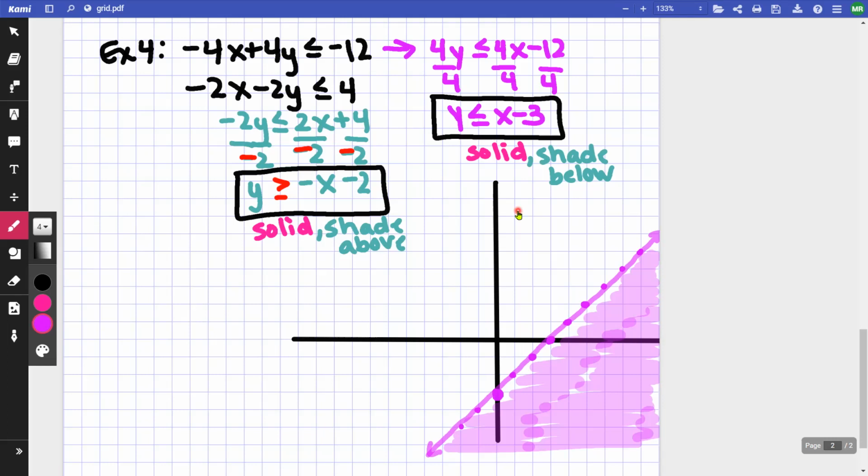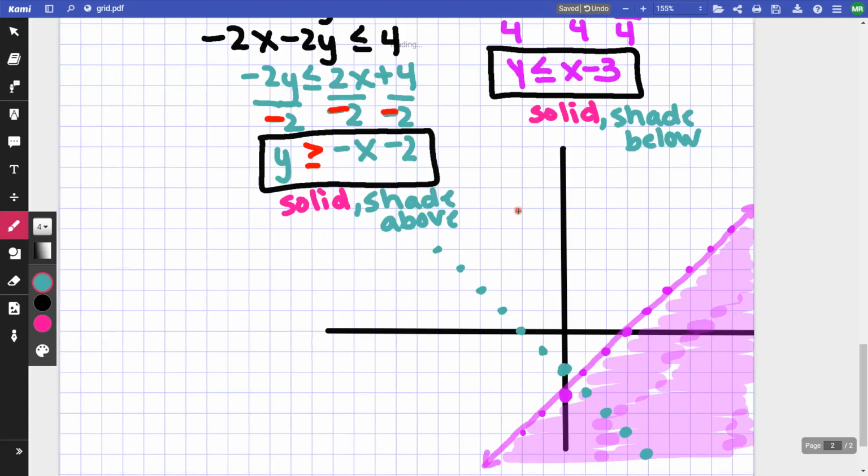Whoops, teal is a -2. And I'm going to go down 1, over 1, down 1, over 1. When I say over, I shouldn't say over, right. And for this one, this is going to be a solid line also.